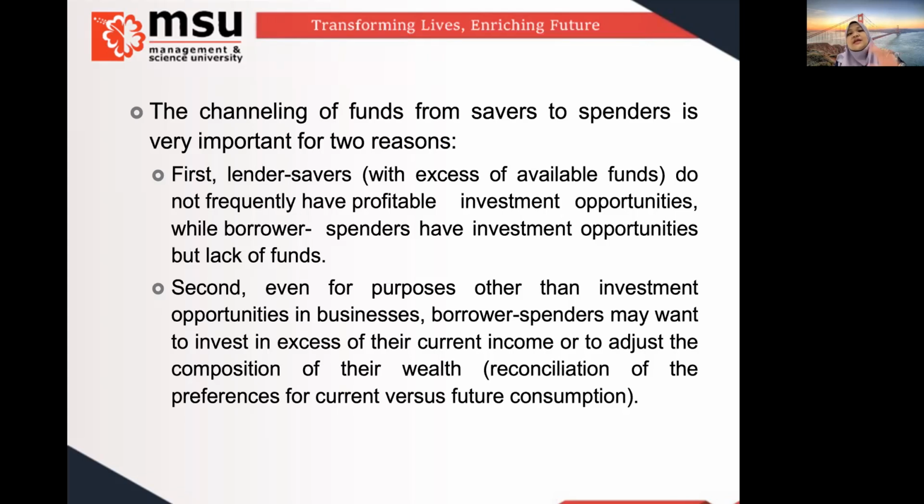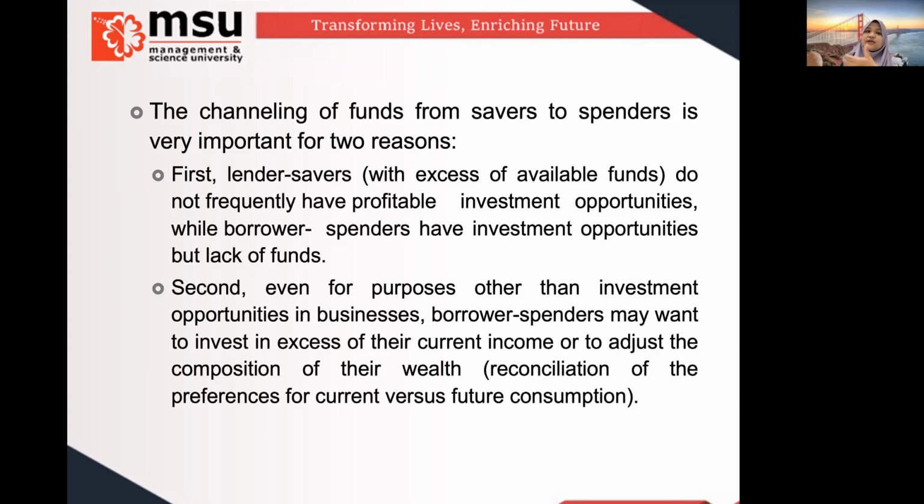All right. So savers lend the money to the borrower because they lack the skill to generate money, but they have money. So what they do, they save the money in financial intermediaries, and let the financial intermediaries utilize the fund and give it to a person who is skillful to generate profit.